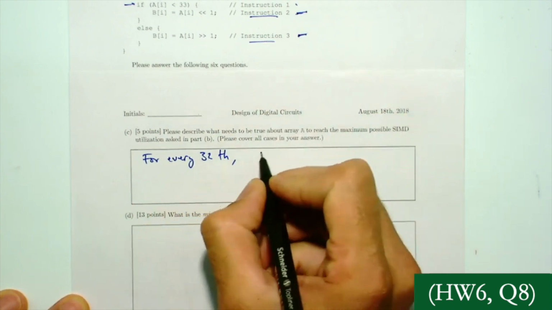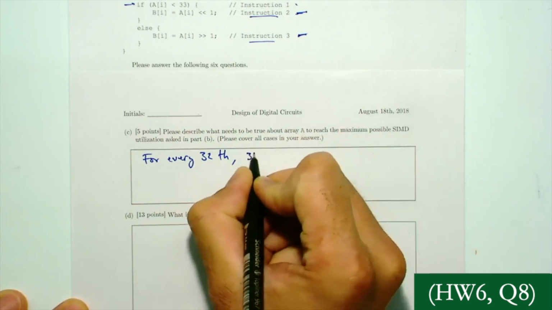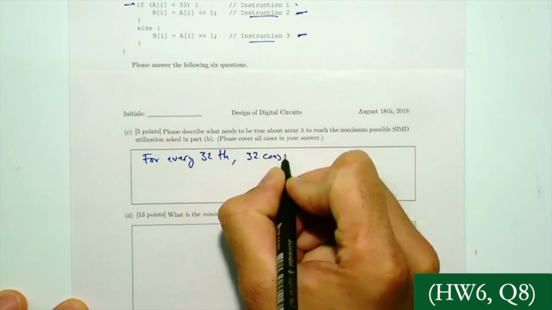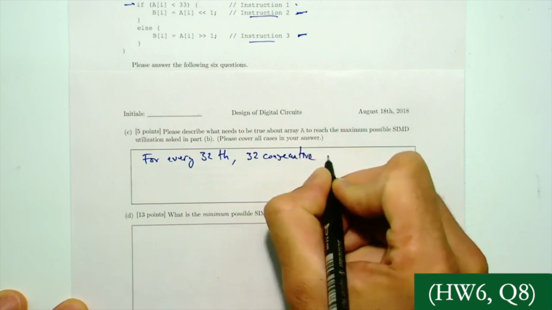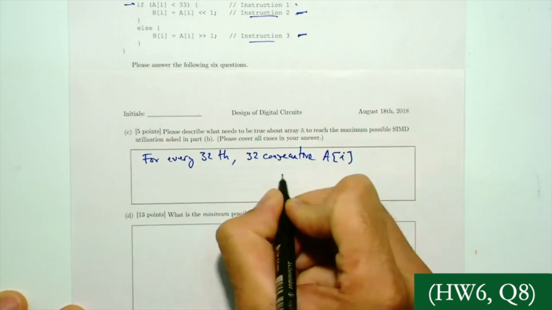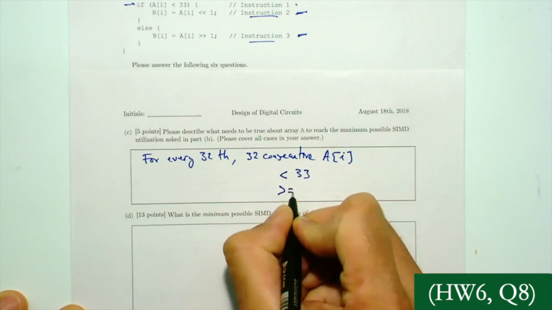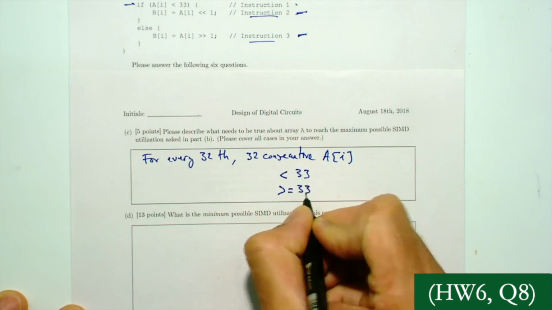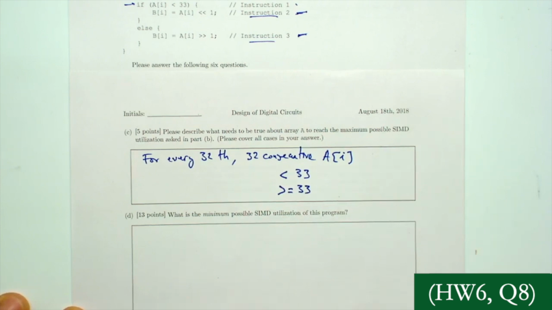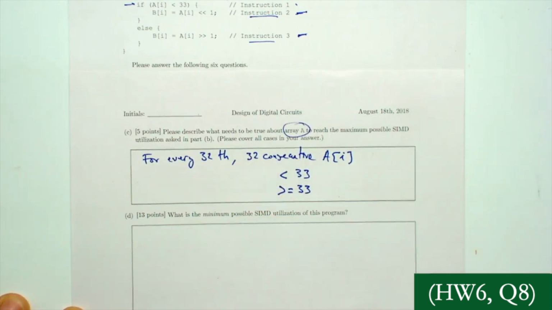Which means for every 32 consecutive threads, we will have 32 consecutive values of A which are either lower than 33 or greater than or equal to 33. That's the answer, and that's what needs to be true for this array A in order to have maximum utilization in this program. Is that clear?